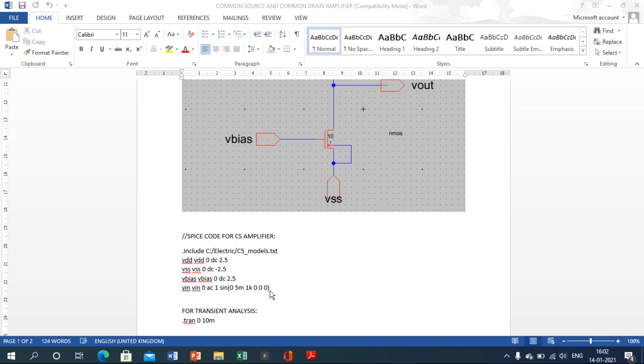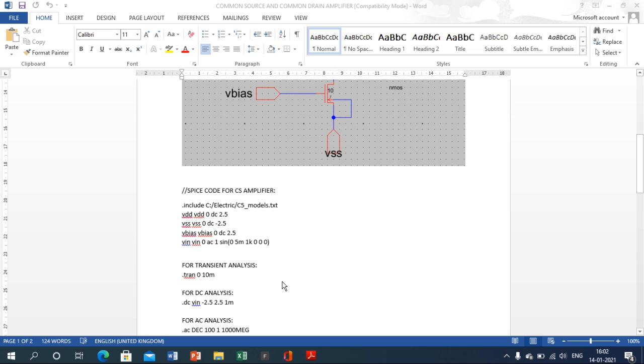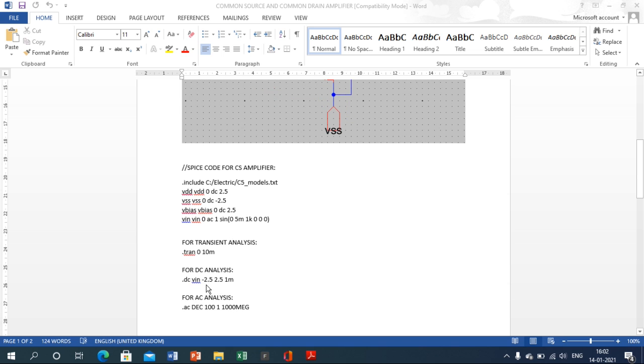Here the offset voltage of this waveform is 0. First we perform transient analysis, which ranges from 0 to 10 milliseconds. Then we will perform the DC analysis, ranging from minus 2.5 to 2.5 on the x-axis, that is the voltage, and 1 millisecond is the time.